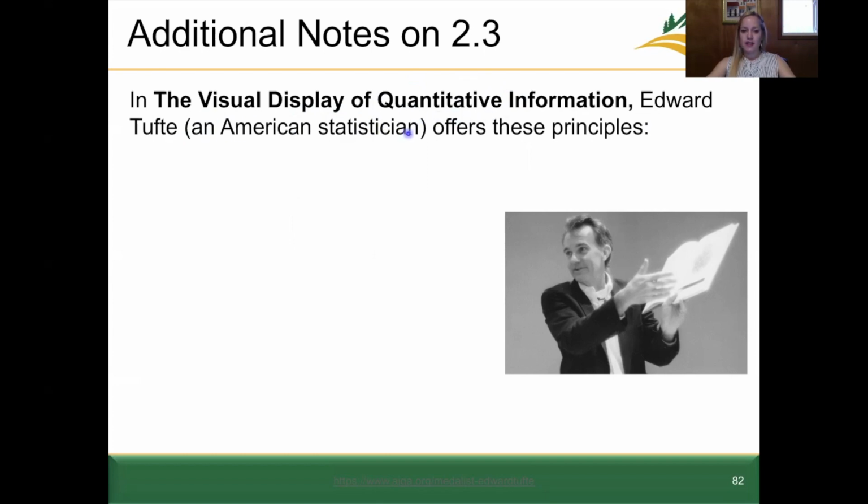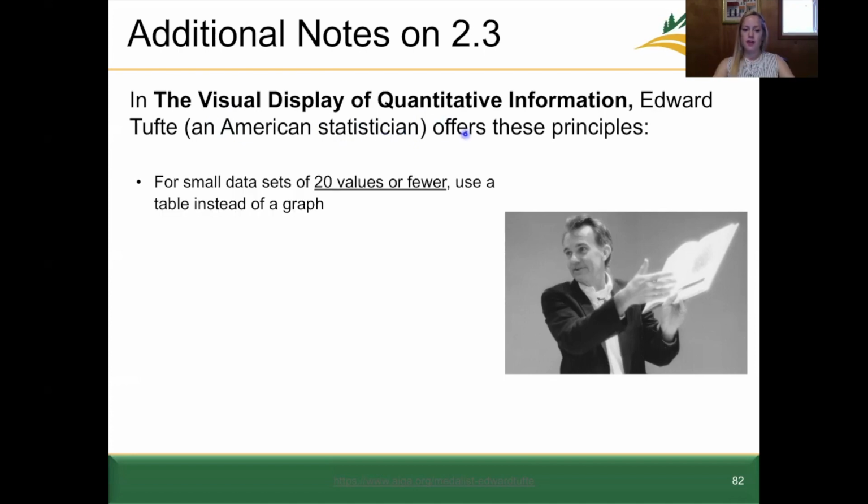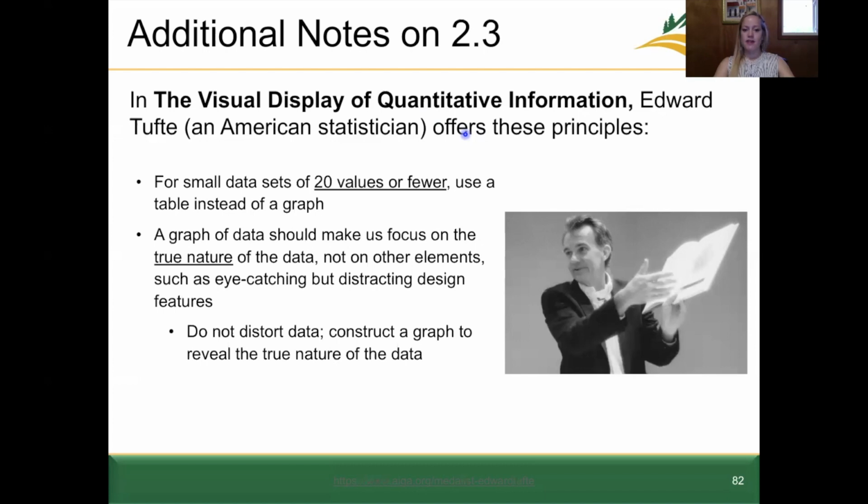An American statistician, Edward Tufte, offers these principles. The first is for smaller data sets of 20 values or fewer, using a table instead of a graph is usually ideal. So remember what tables we've talked about now? They're called the frequency distribution tables. Next, a graph of data should make us focus on the true nature of the data, as stated before, not on the other elements, such as eye-catching but distracting design features.